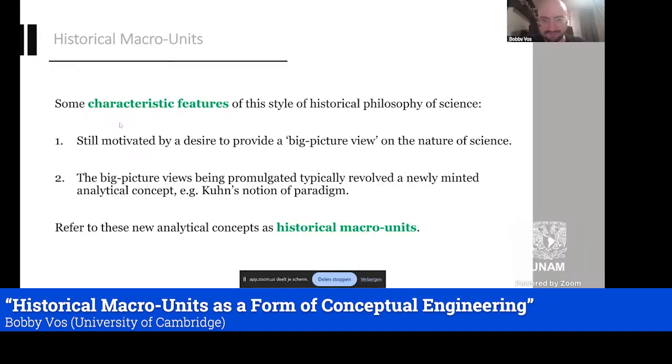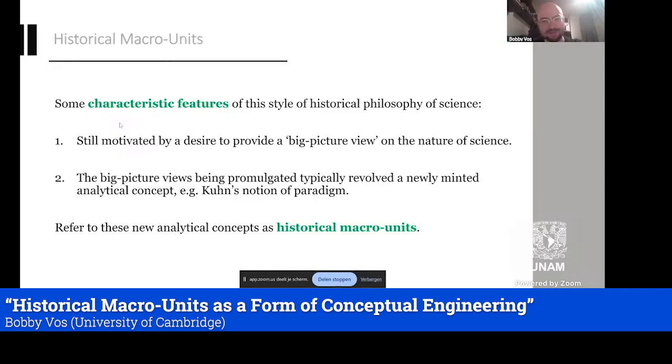And then the second, and this is the more interesting one for today, the second really interesting and distinctive feature of historical philosophy of science within this time period was that these historical accounts often revolve around the use of various newly minted analytical concepts.